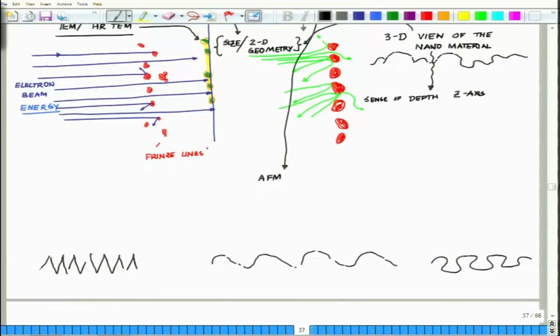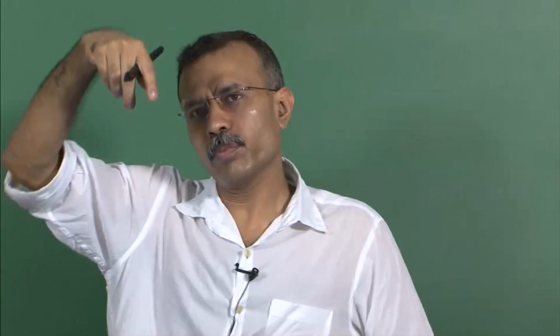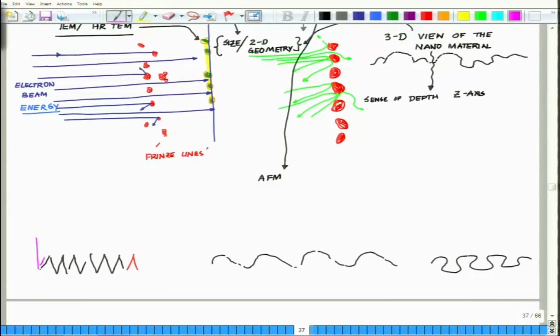Now, what I do, I take a probe like this. Just imagine a probe which can really travel through it. So, this probe is traveling on the surface like this. It's tapping on the surface and it is moving, and this probe is a micro cantilever.